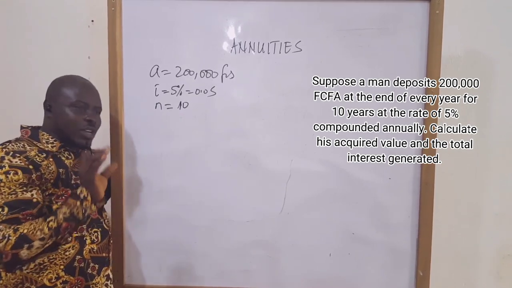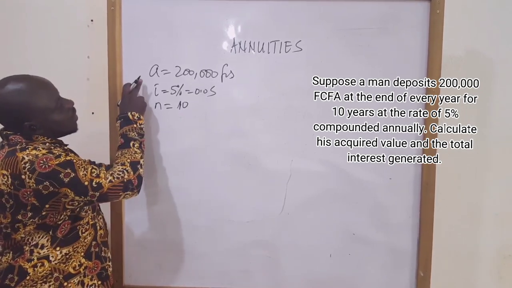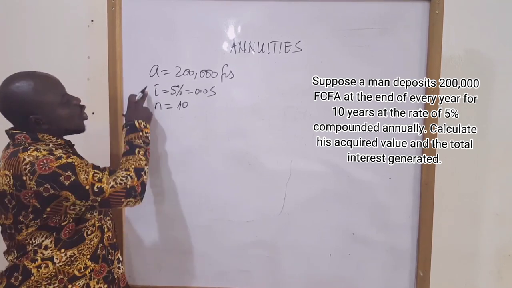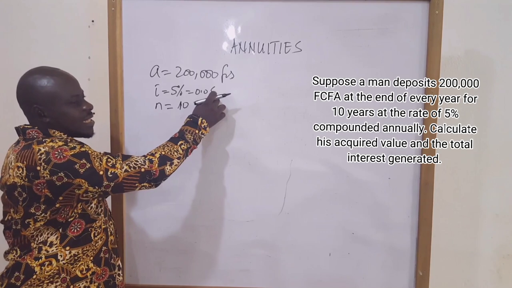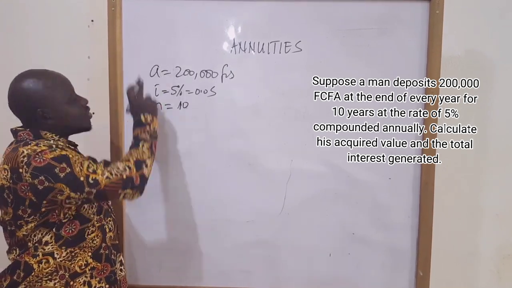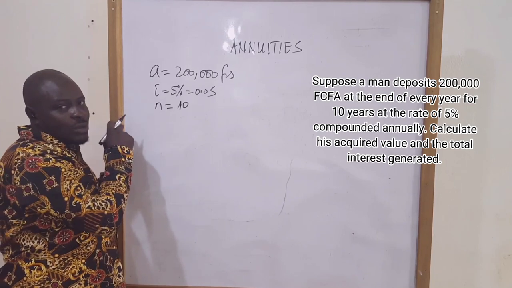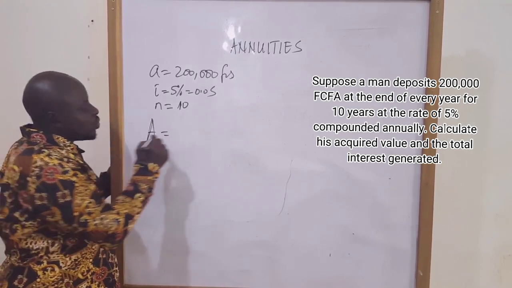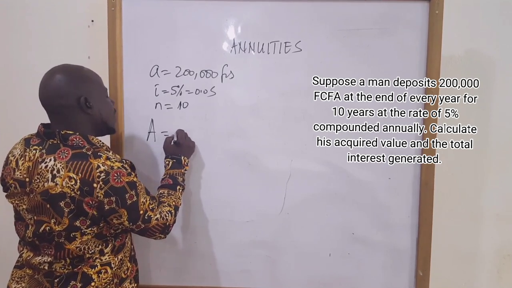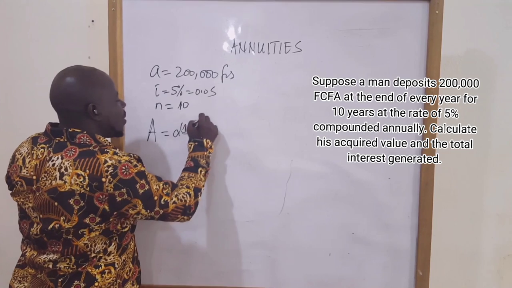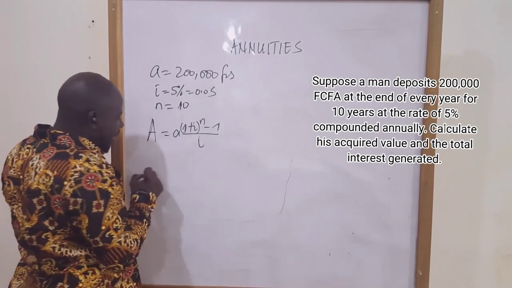So the first thing we need to identify is that he deposits the 200,000 at the end of every year. Compounding is 5% per annum. So you see, the frequency of the annuity equals the frequency of the compounding. So we can calculate. Let's apply our formula. A is equal to small a, 1 plus i raised to the power n minus 1, divided by i.